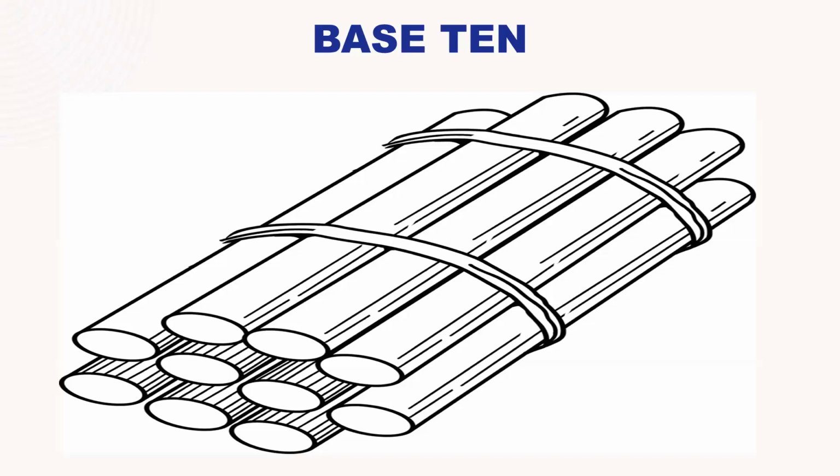So if I have 18, which is 18 base 10, it means that I have one bundle of sticks and eight pieces of sticks. Is that okay? If I have 28, it means I have 2 bundles of sticks which are in tens and then 8 pieces. Do you understand?